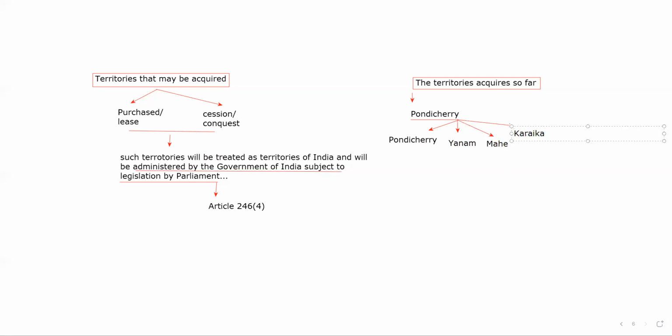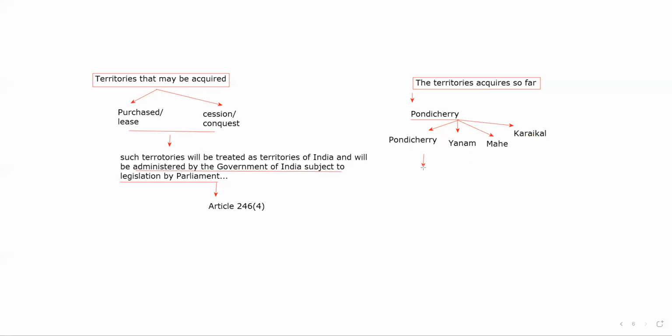These are the 4 districts which were under the French occupation at the time of independence of India.